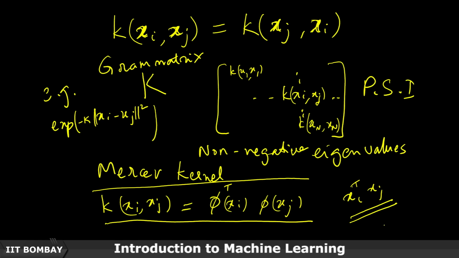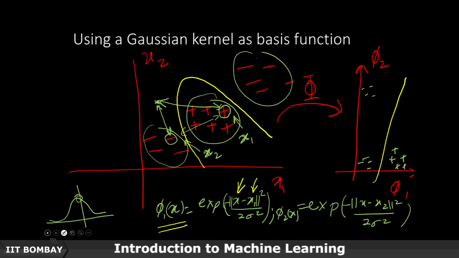So the nonlinearity of the boundary was clear from the previous examples, where we showed that in the new feature space the boundaries are still linear, but in the original X space the boundaries are now nonlinear. Okay. So just a little bit of a word about the Gaussian kernel. Let's go back to this particular figure.